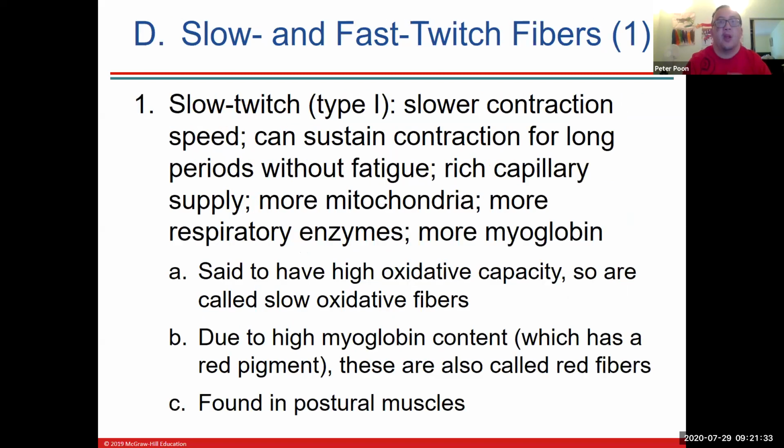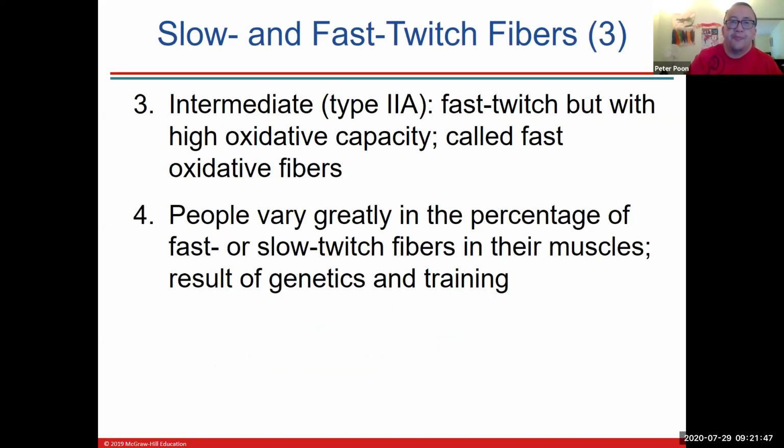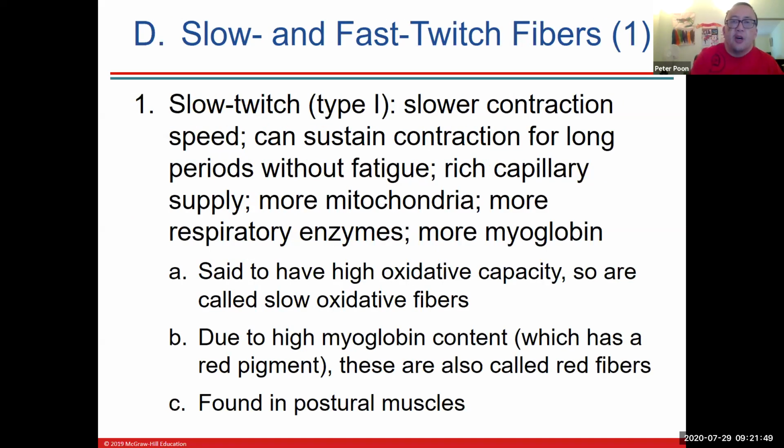So, fast twitch and slow twitch fibers. There are 3 types of fibers in the body: fast twitch, slow twitch, and an intermediate fiber. Slow twitch, type 1, has slower contraction speed, and the fibers are smaller.